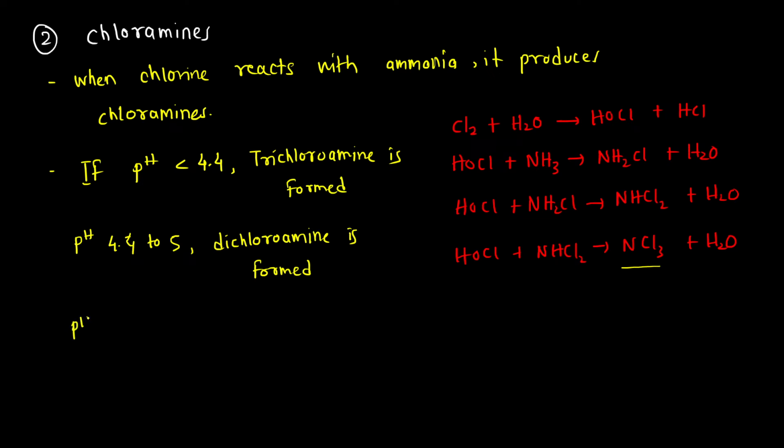If pH lies between 5 to 8, then both monochloramine and dichloramine are formed.